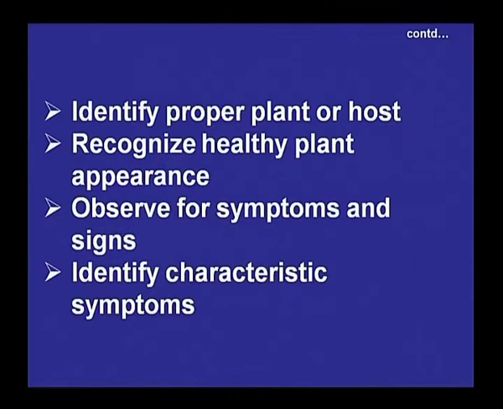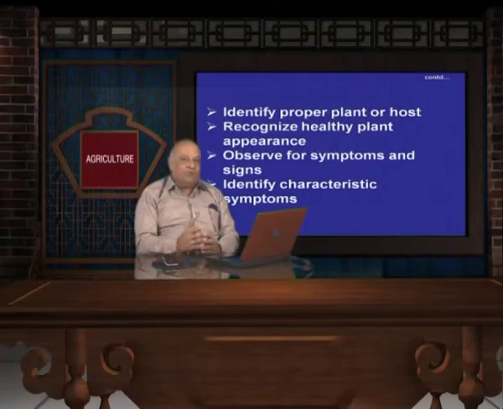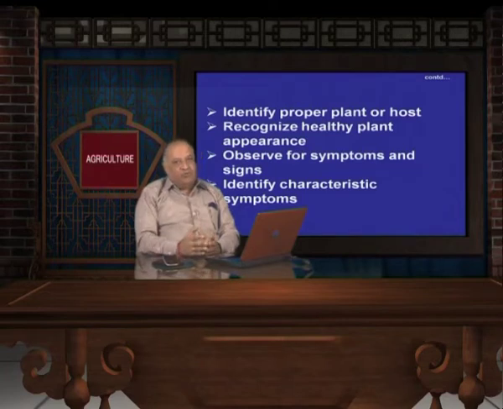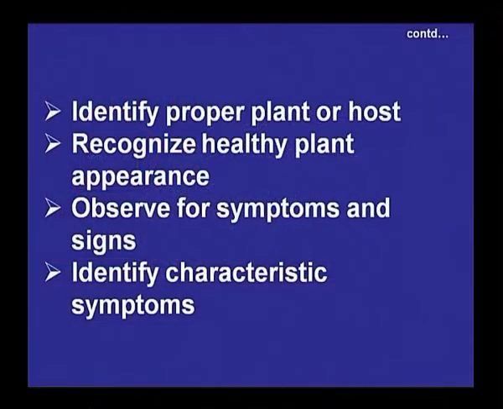Then recognize healthy plant appearance. The appearance of a healthy plant is first examined, and then we compare it with the diseased one, to see what type of above ground parts are affected, whether below ground or root parts are affected, and leaves, flowers, stems. These parts we should examine completely.